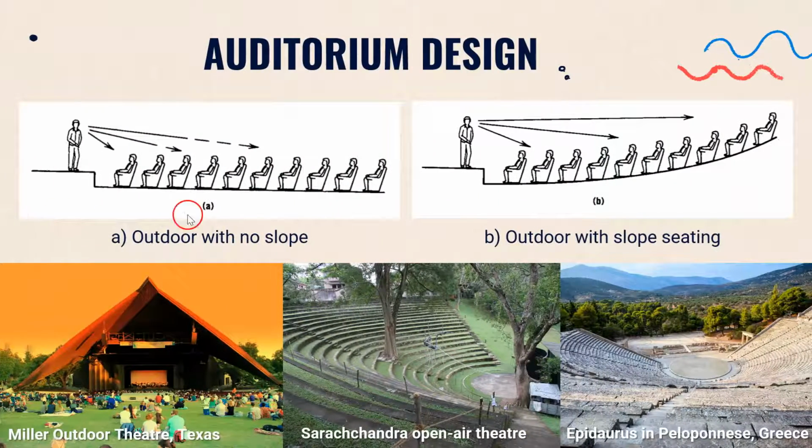Here are a few auditorium designs. The first one is outdoor with no slope, like Miller Outdoor here in Texas. Then the second one is outdoor with sloped seating. This one here, Sarah Chandra Open Air Theatre in India. And this one here, Epidaurus in Greece.